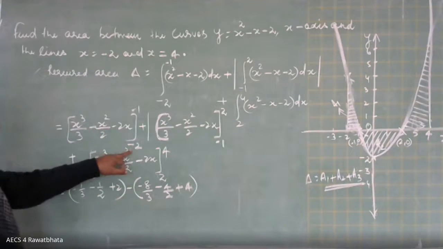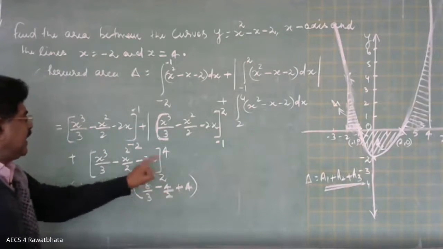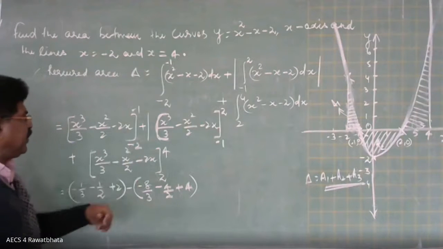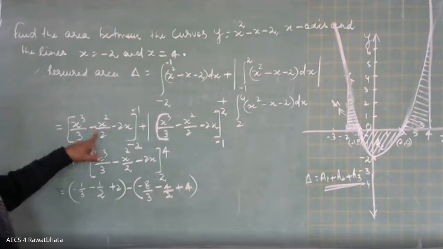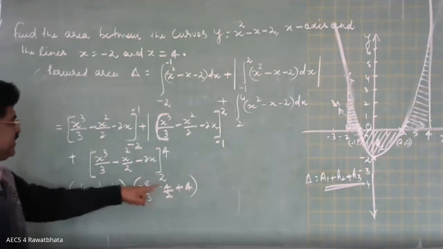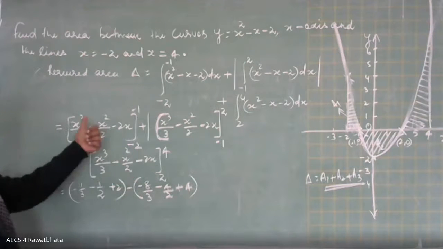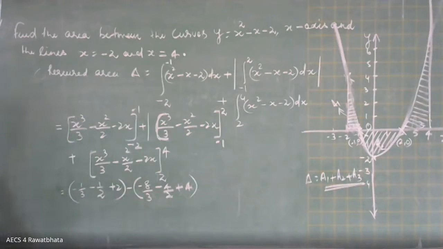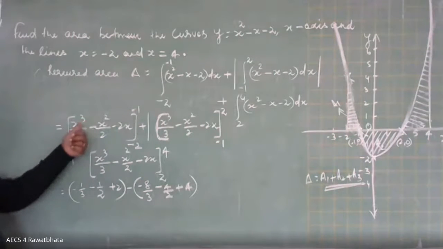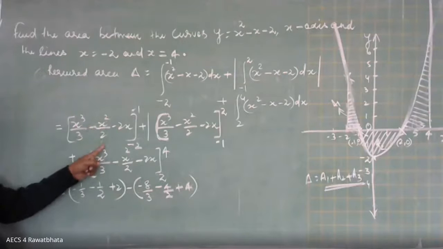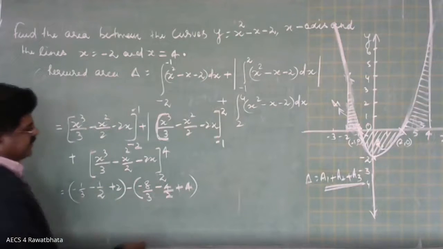Minus 2 into minus 2 is plus 4, and the minus sign is there. Here minus 2 all to the power 3 is minus 8 upon 3. Upper limit minus 1 by 3, and the minus sign becomes positive, 1 upon 2.